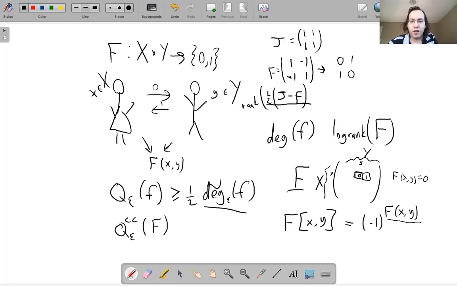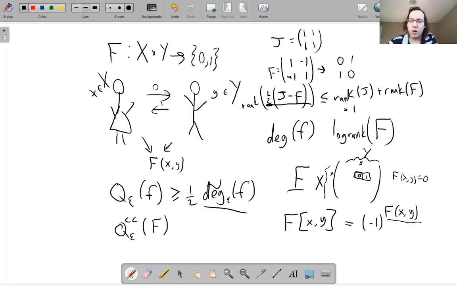And then, when you take the rank of this, the constant factor of a half doesn't change the rank at all. And then we know that this is just adding two matrices or subtracting them. Well, the rank is subadditive, so it's at most the rank of J plus the rank of F. And the rank of J, the all ones matrix, is 1.